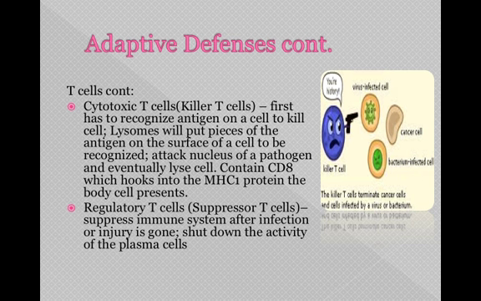So once the cytotoxic T cell identifies it, the CD8 on the cytotoxic T cell will hook into the MHC1 protein on your body's own cell and know to attack that cell, and it basically attacks the nucleus of the pathogen and causes your own cell to lyse, or burst, in other words.